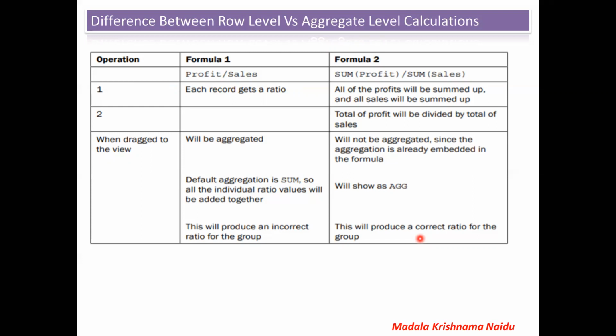I think you liked this video. You might be wondering how table calculations work. Table calculations are also at the aggregated level, but another process happens, because table calculations are performed on the result output we got.